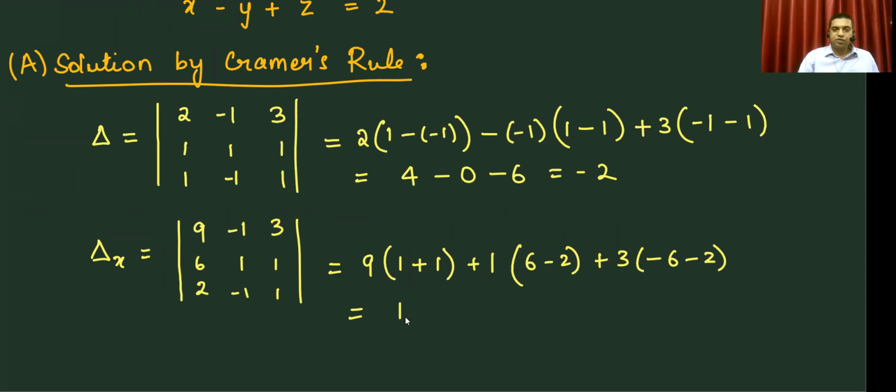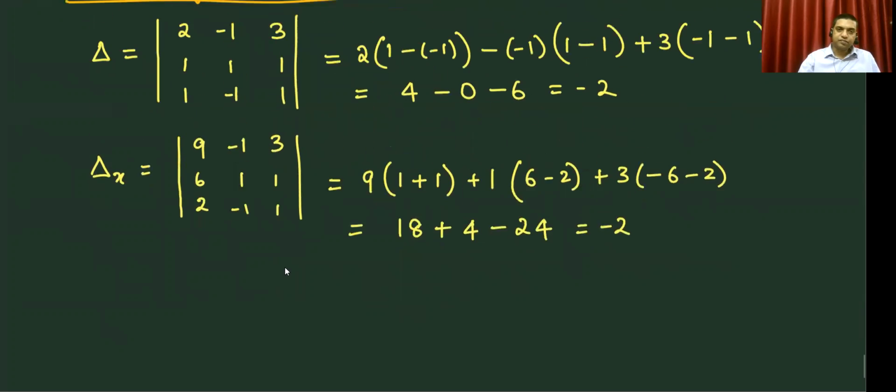So 9 2's 18 plus 4, this is -24. So we get -2. All right, delta x is again -2.